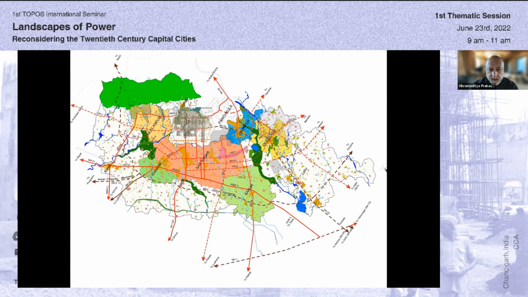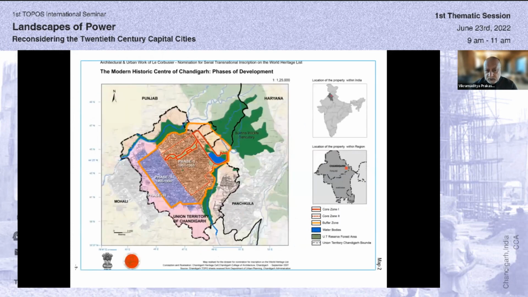And the growth is increased because the response of the Chandigarh administration to all this growth is to make a heavy preservation plan. Basically, the entire city's administration and architects in the discussion are focused on how to preserve the city. As you know, it has been entered into the UNESCO World Heritage list, but only as part of Corbusier's oeuvre, unlike Brasilia, where the whole city has been entered into UNESCO.